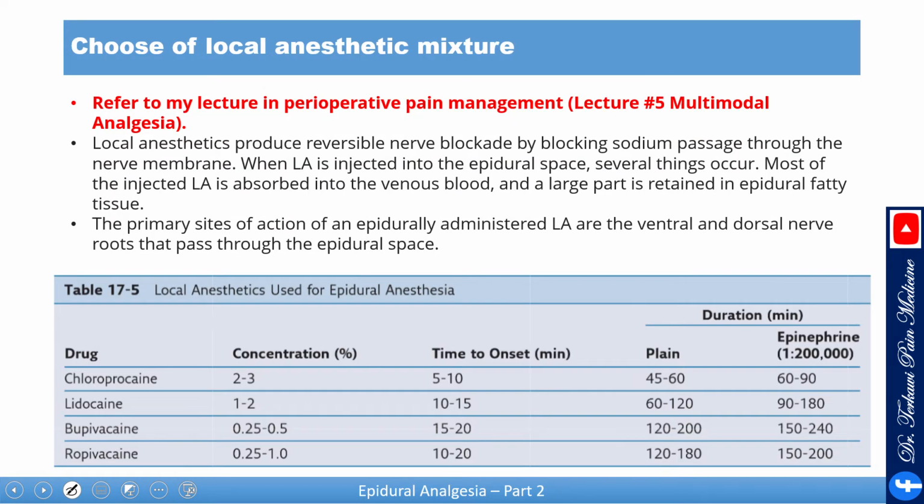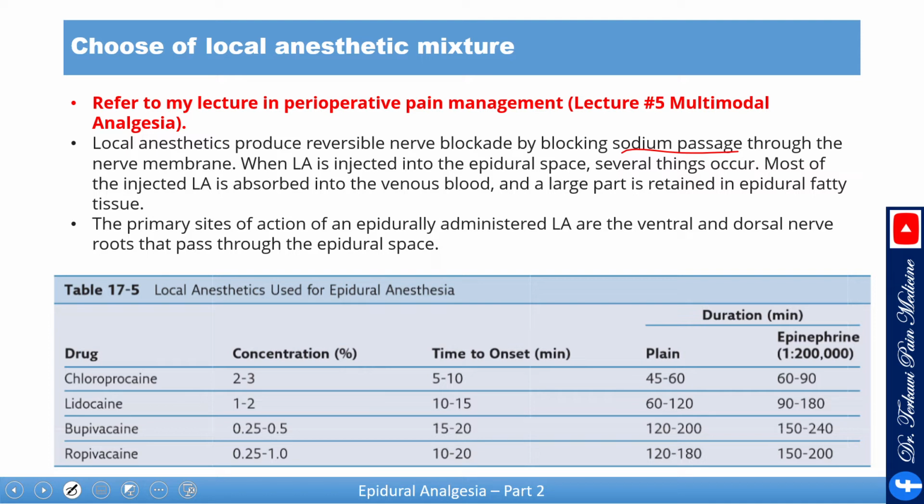Now, refer to my lecture 5 in perioperative pain management to learn more about local anesthetic dosing, toxicity, etc. Local anesthetics produce reversible nerve blockade by blocking sodium channels through the nerve membrane. Again, I covered that in more detail in lecture 5 in perioperative pain management.